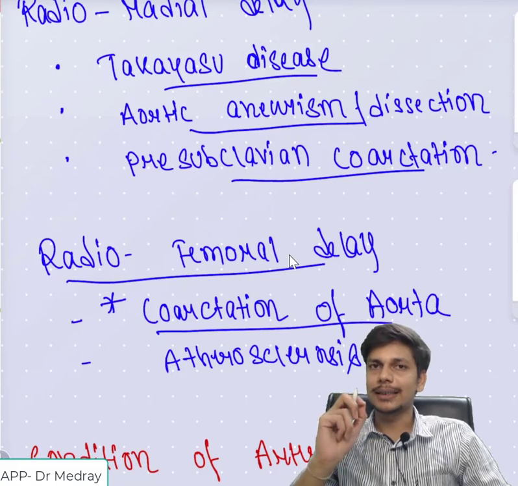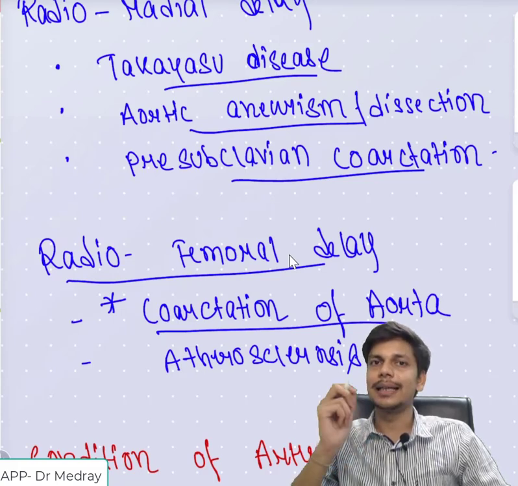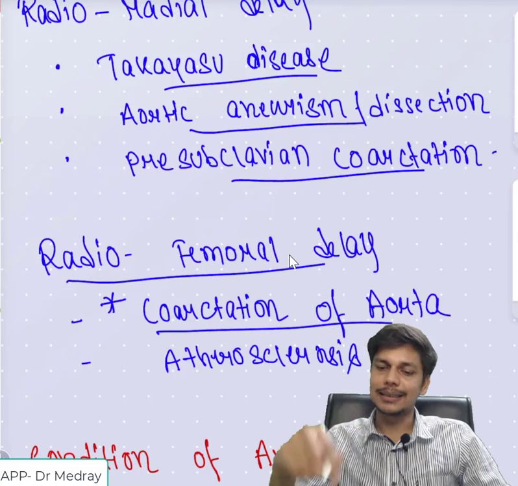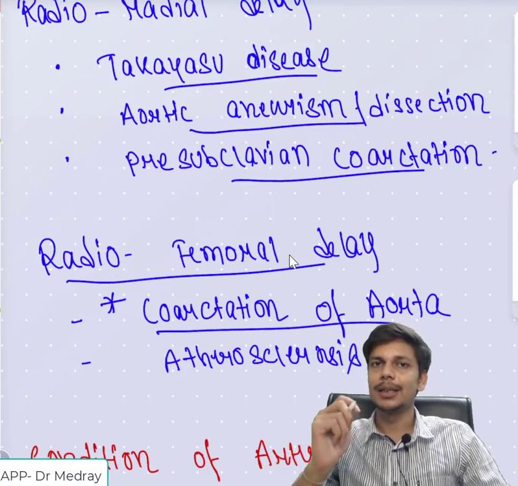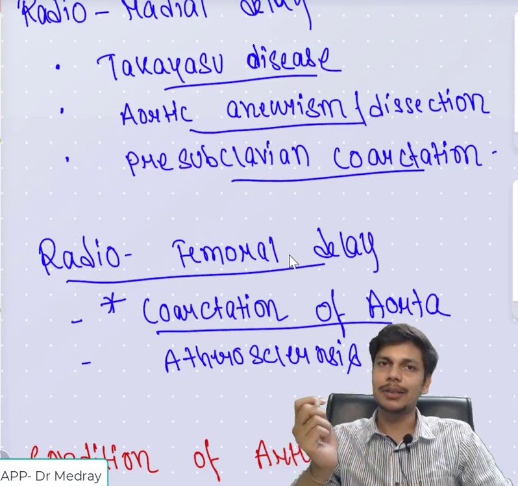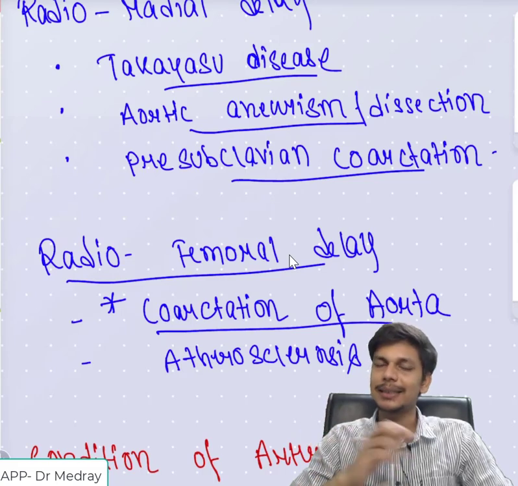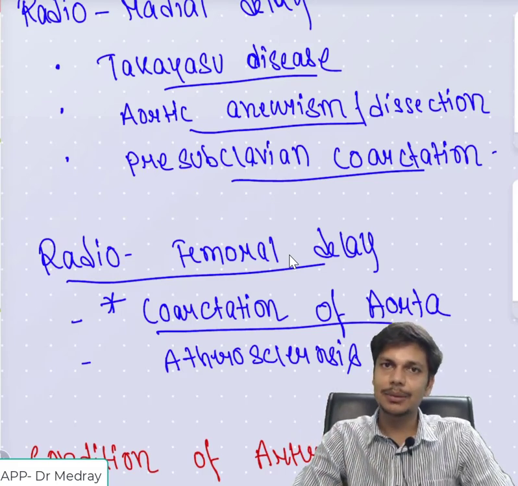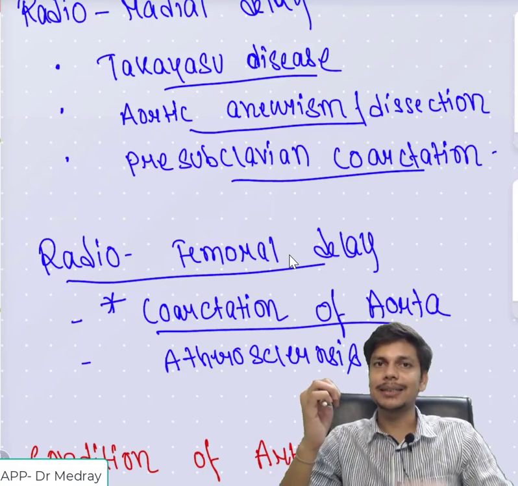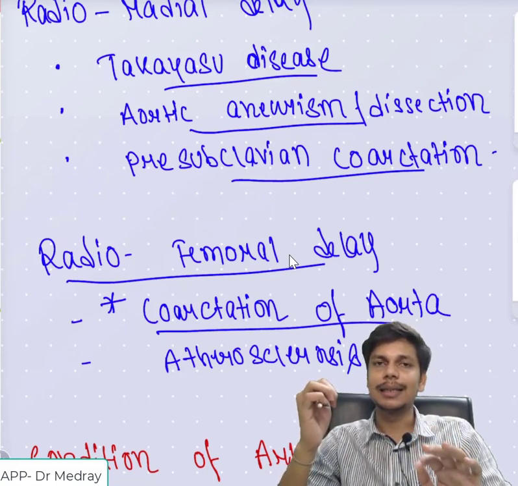And to look for coarctation of the aorta, the hint you will get in the examination of the pulse is the radiofemoral delay. You check the radial artery and femoral artery simultaneously. If the patient is having some delay between the radial and femoral artery and the femoral artery pulse is felt with a low volume, then it signifies radiofemoral delay.